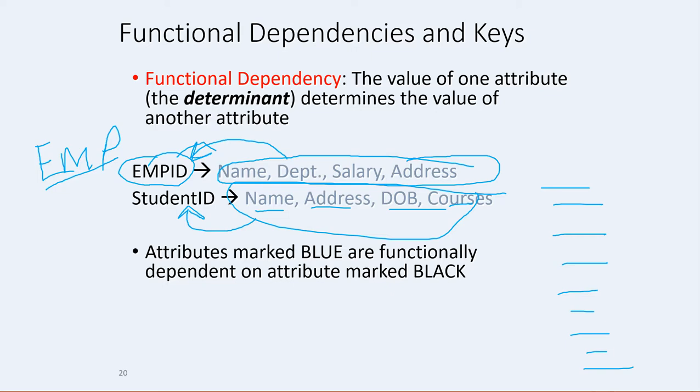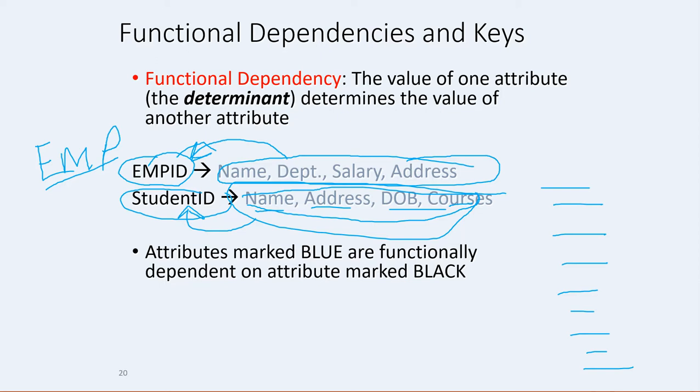So student ID is a determinant of all these other attributes, which can be recognized differently for different students by this determinant. As you must have guessed, the primary key, which could be employee ID, student ID, patient ID, customer ID, is a determinant for the attributes associated with it.